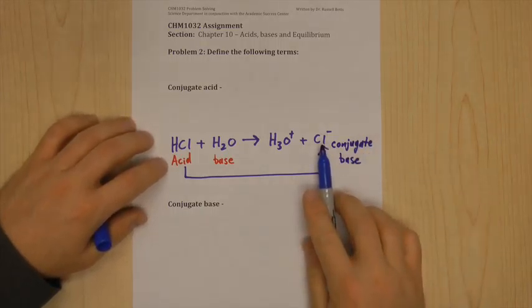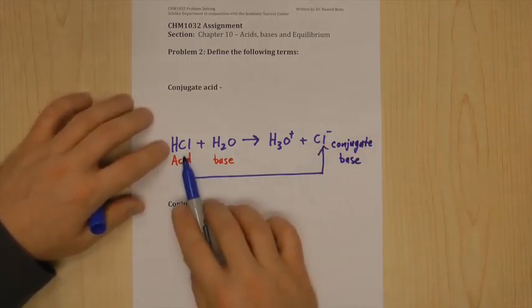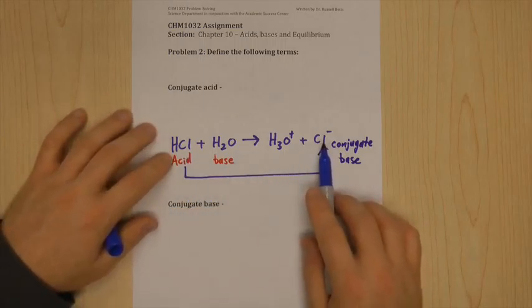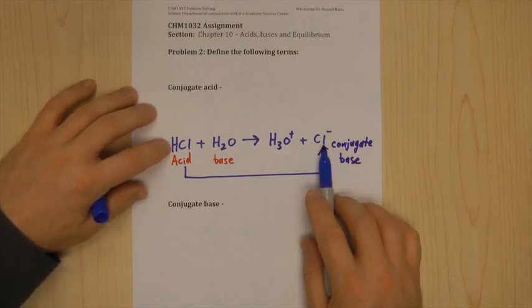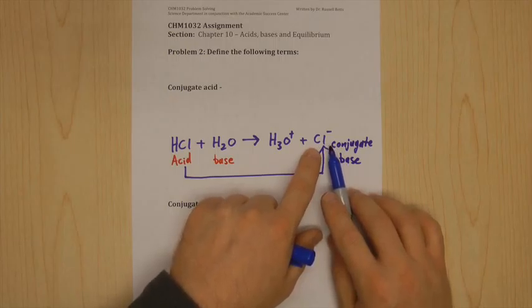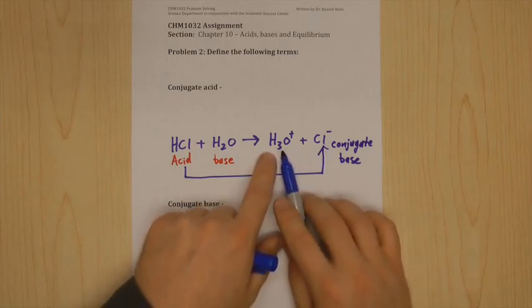The chloride is the conjugate base to the HCl. If you want to think of it, it is the base that forms after the proton is donated. Because now, in theory, this chlorine could accept the proton. This hydronium now, hydronium is the conjugate acid.